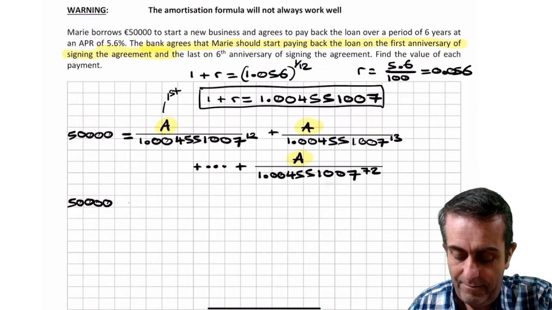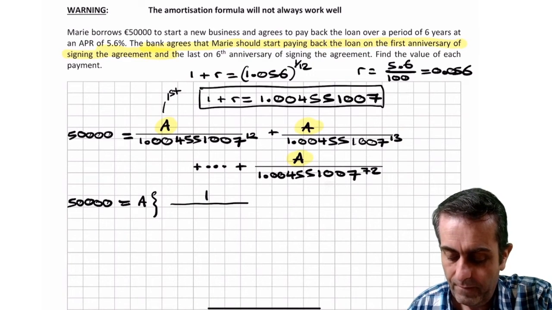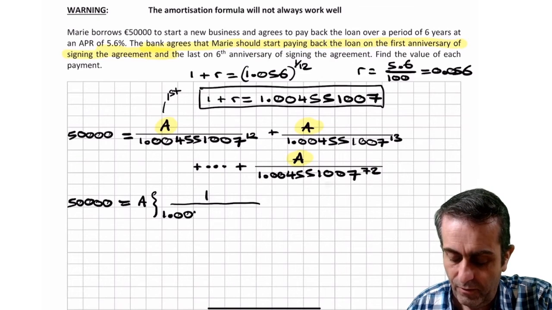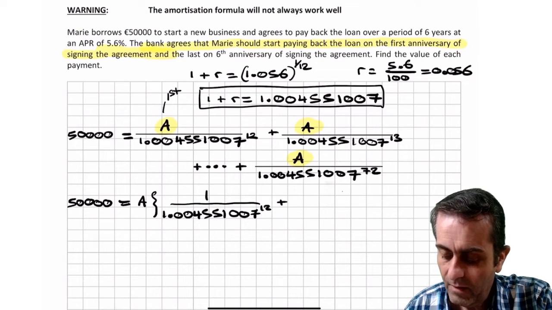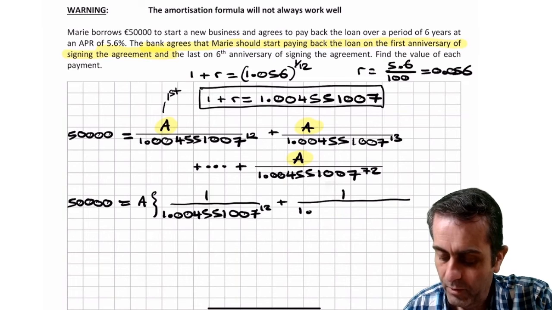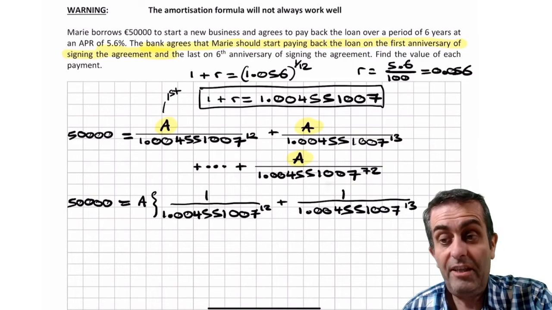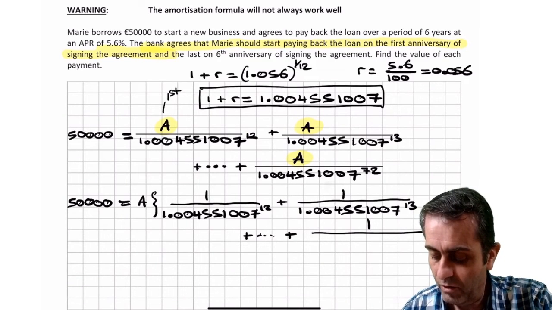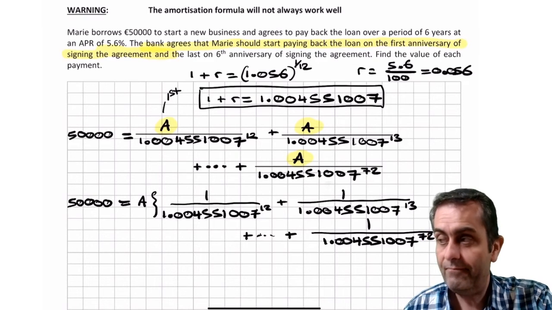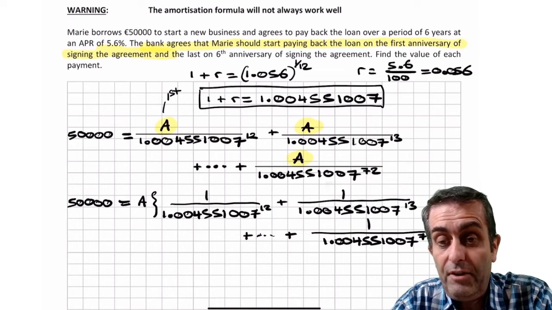So we take out that common capital A. So that's equal to capital A into 1 over 1.004551007 to the power of 12 plus 1 over 1.004551007 to the power of 13, and then the sequence continues until it reaches the last term, which is 1 over 1.004551007 to the power of 72. Okay, so this continues off for the life of the loan.